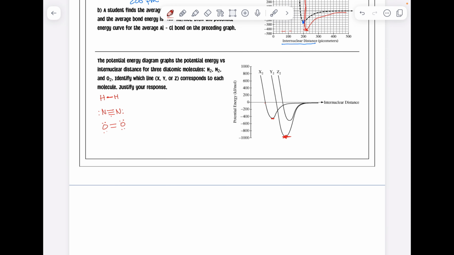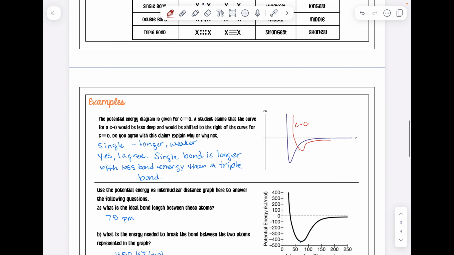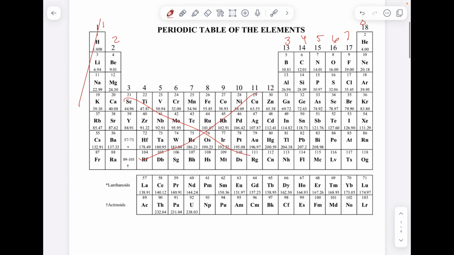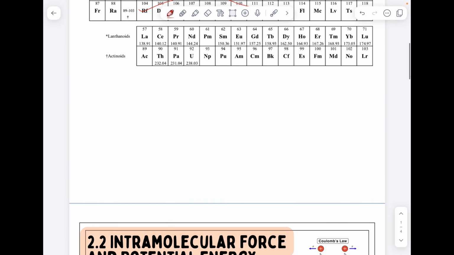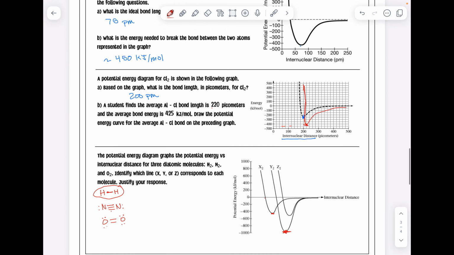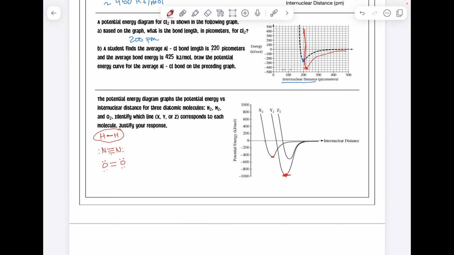Well, remember that hydrogen on our periodic table, if we go back to periodic trends, is the smallest atom, the smallest atomic radius of all of our atoms on the periodic table. It's tiny. So that makes sense that if it's a single bond, it has the lowest energy, but its distance is small because it's a tiny atom.